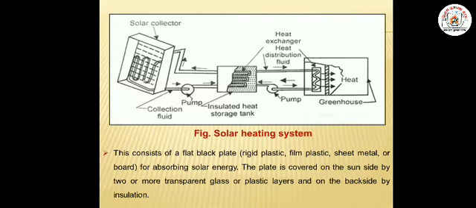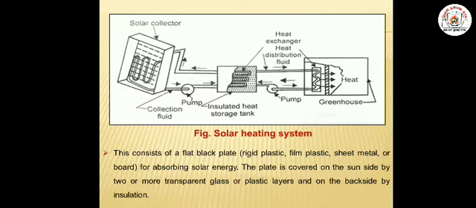In such copper pipes, water or liquid is filled by means of the pump. What happens by means of this pump? That water or liquid is forced through the pipe throughout this system towards the solar collector.